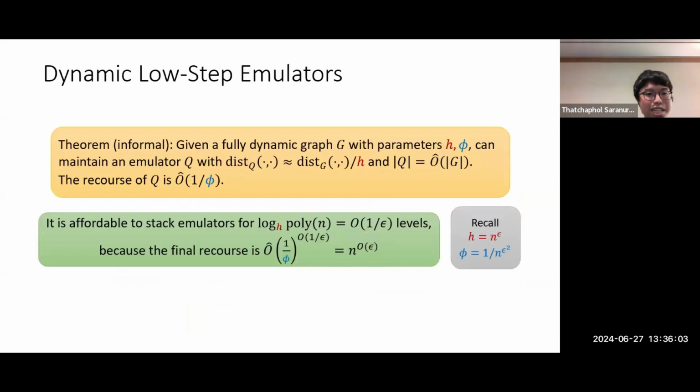This is the informal theorem of what we get for our dynamic emulators. Basically, we can maintain a graph whose distance metric is roughly the same as G, up to some factors, and the graph size is not too large. The key thing is that the recourse of this graph is only 1/5.